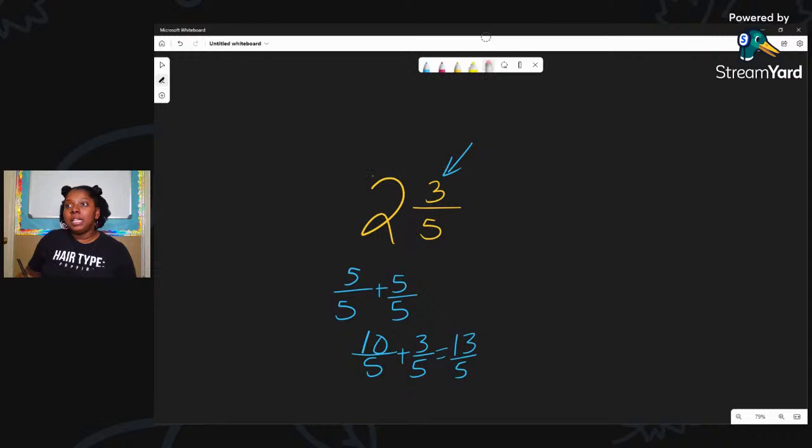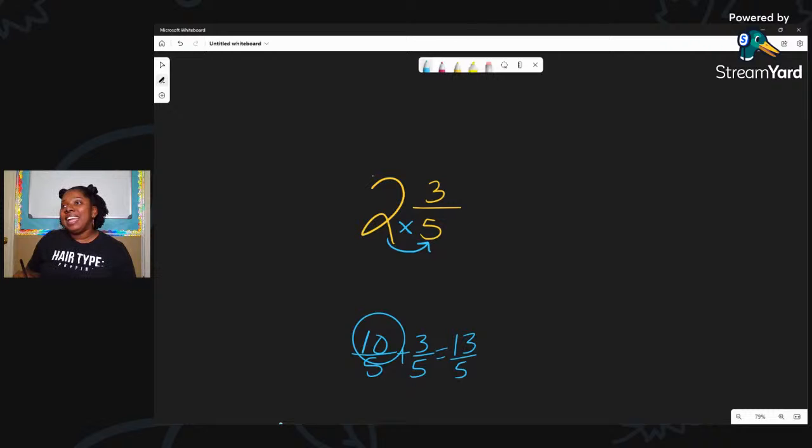Now, I'm sure you've seen your teachers or other students do this method where they take the 2, the whole number, and they multiply it by the 5. So you start with the whole number, multiply it by the denominator. What's 2 times 5? 10, which is exactly what we have here.